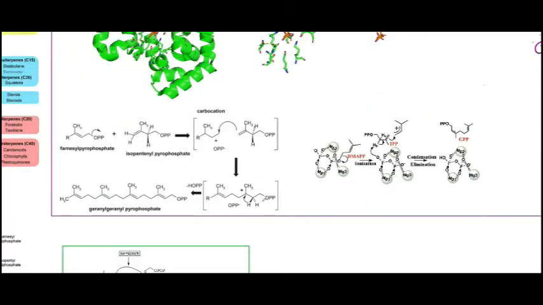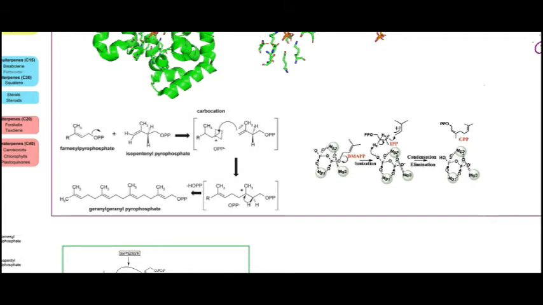And so down here, I have the enzyme mechanism. What we see is the pyrophosphate is coming off of our farnesyl pyrophosphate, and that gives us this positive charge right here on this carbon.